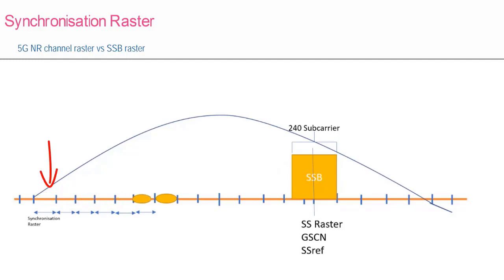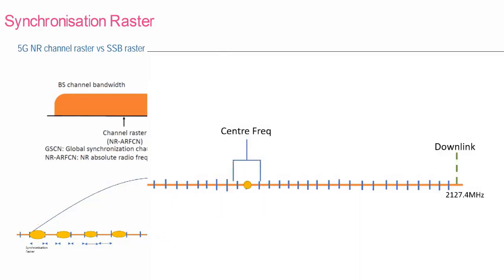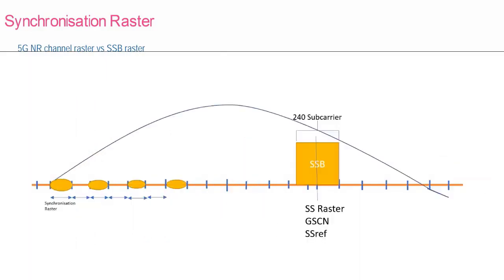Every time it will scan and try to reach the SSB central point. This small part is the granularity, the synchronization raster, a small width it will scan. In every step it will scan and come to reach this central point of the SSB. So this is called the SS raster.